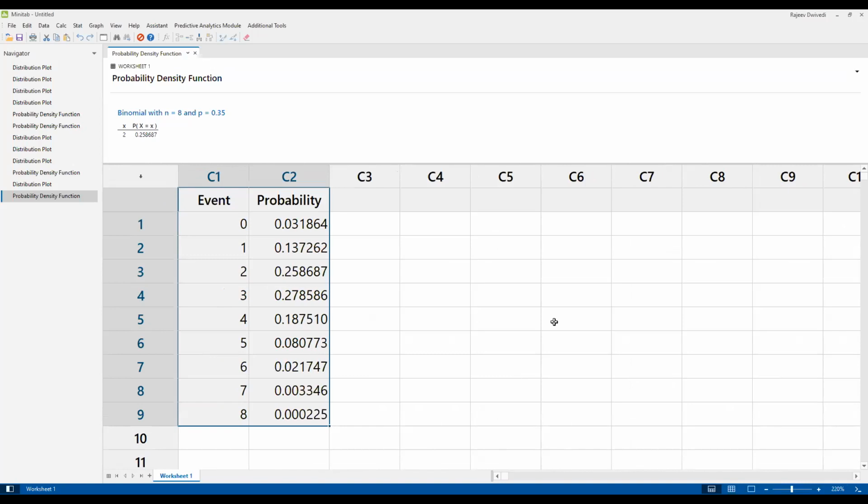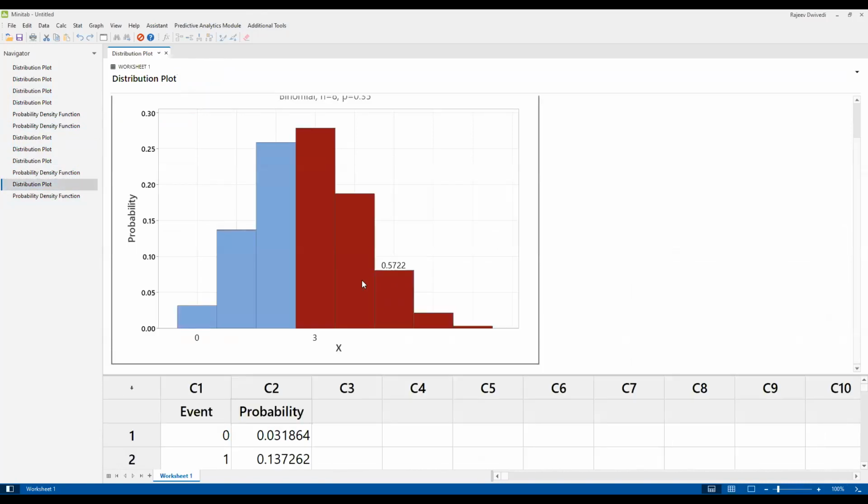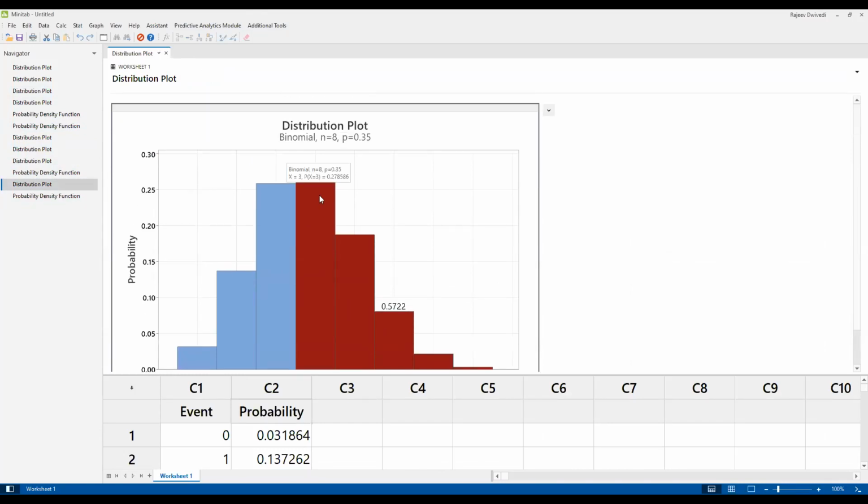This is the event and this is the corresponding probability. You can see 0.031, 0.13, 0.25, 0.27, and so on. If you look at the probability distribution that we drew, we can see exactly the same values on individual bars.